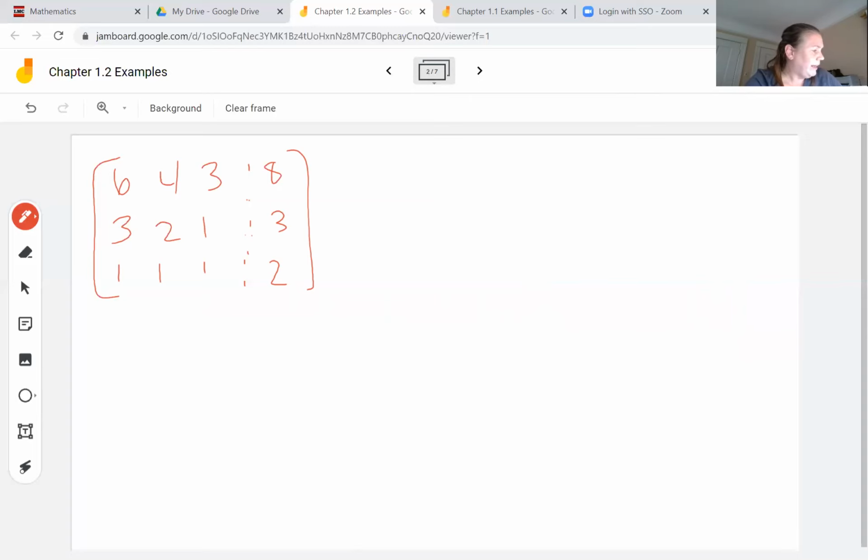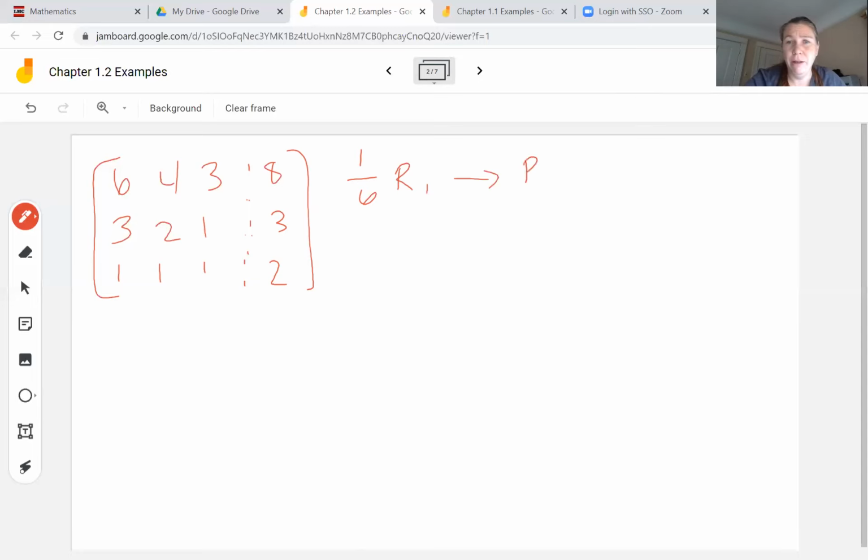All right, we want to get this into our row echelon or reduced form. So we are going to simplify the equations. The first simplification I want to do is get a 1 as my leading coefficient in row 1. So I'm going to multiply 1/6 by row 1. I'm using R1 with the subscript 1 to represent row 1.